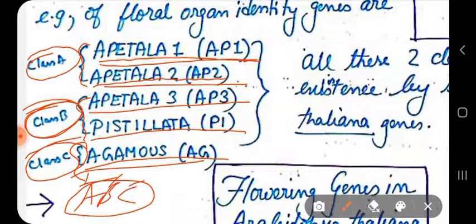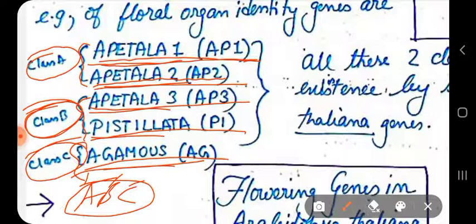So these genes fall under the category of class 3 floral organ identity genes, and these genes have classes that came into existence when we studied Arabidopsis thaliana: class A, class B, and class C. Three classes, sorry, not two classes.